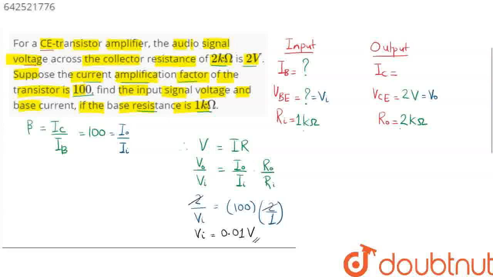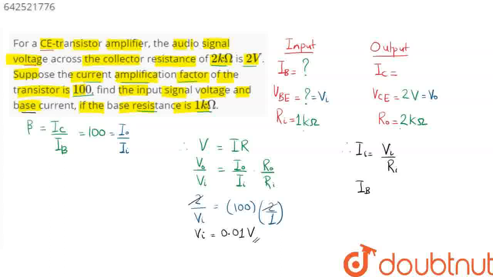In a similar manner, we need to calculate the input current. The input current is equal to input voltage divided by input resistance. The input current is our base current, which is being asked. So base current is equal to input voltage of 0.01 volt divided by input resistance of 1 kilo ohm.